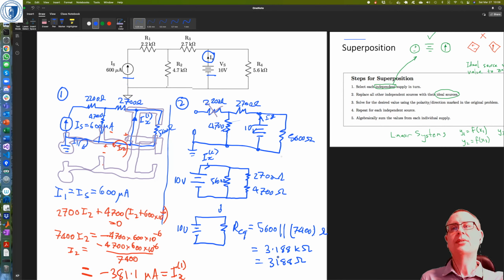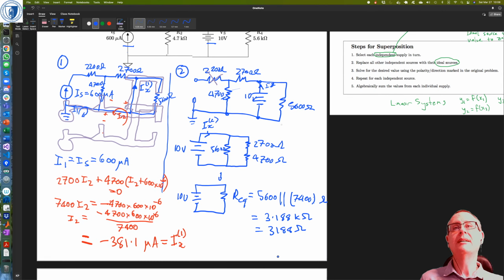And then I can just say that my IX2, well, let's just undo that last bit. IX2 is equal to, what is it?